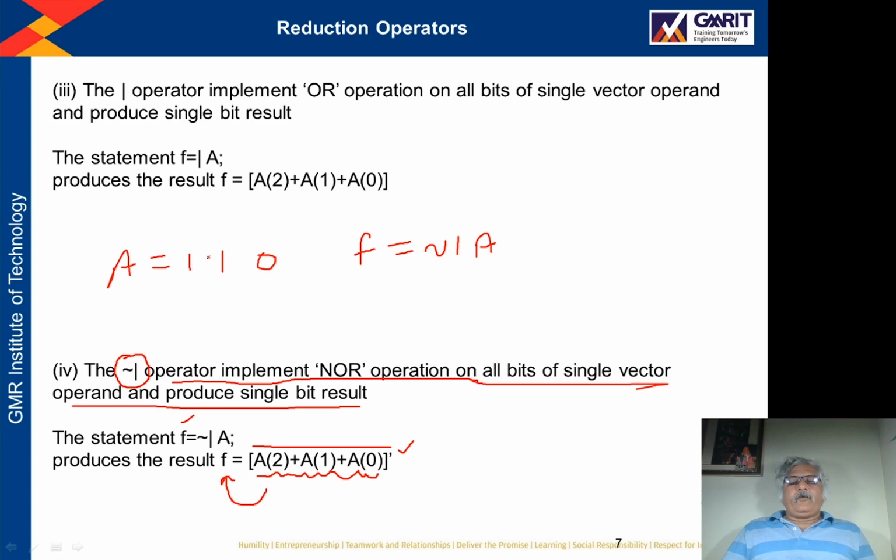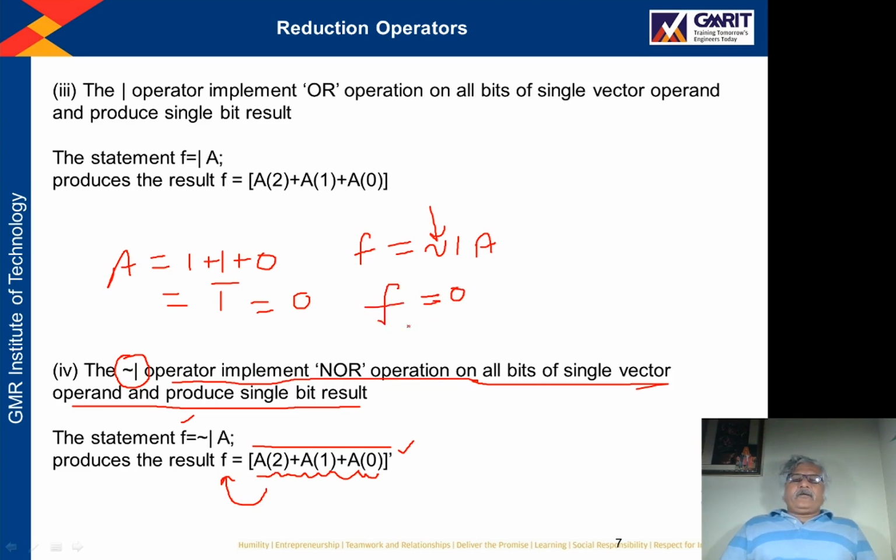It will perform OR operation over these 3 bits, 1 or 1 or 0. So this will give me 1, right? Now this tilde, what it will do? It will complement this 1. So you will get 0.